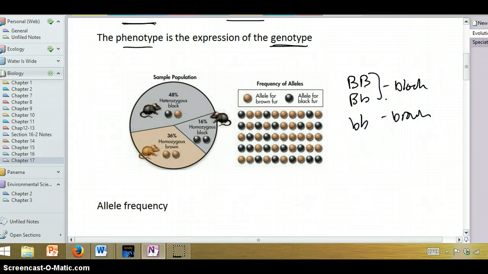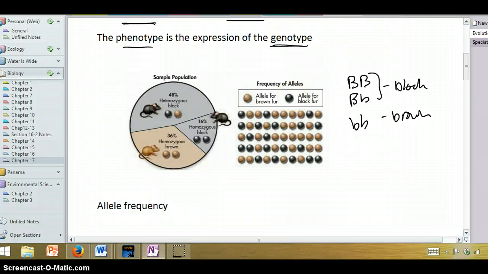When you look at the population overall, the brown individuals have two copies of the brown allele. Black individuals can have either two copies of the black or one black and one brown. By looking at the population and the proportion of homozygotes of each type and heterozygotes, you can calculate the frequency of the different alleles.